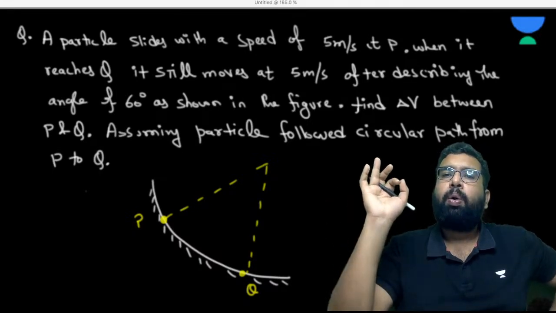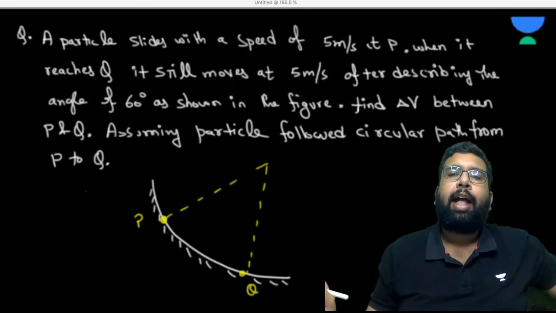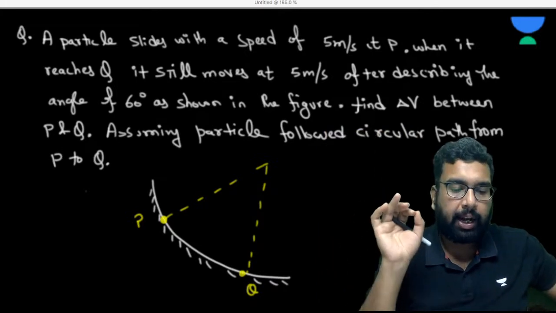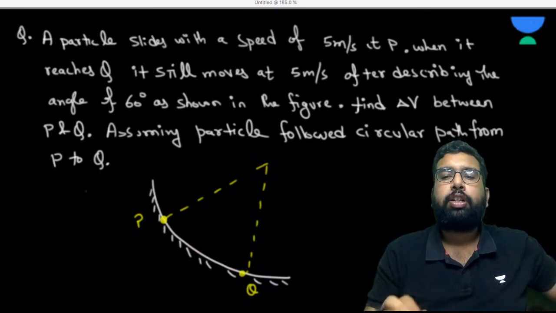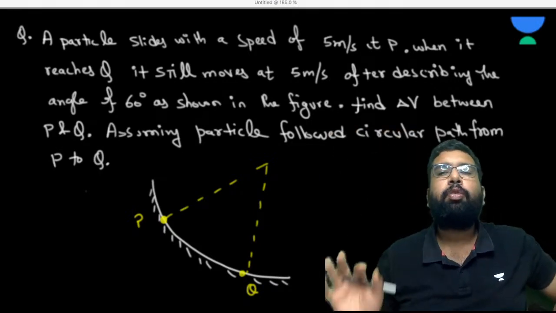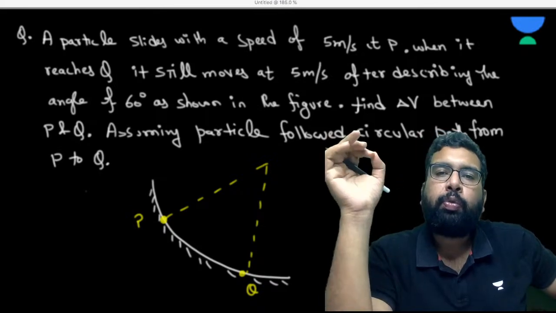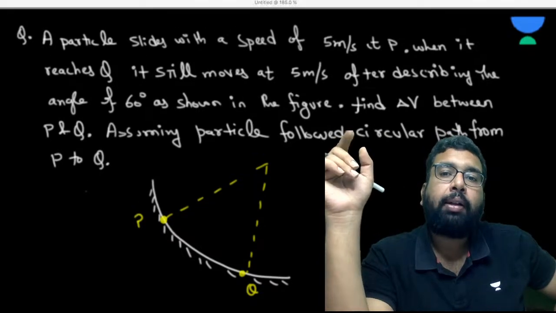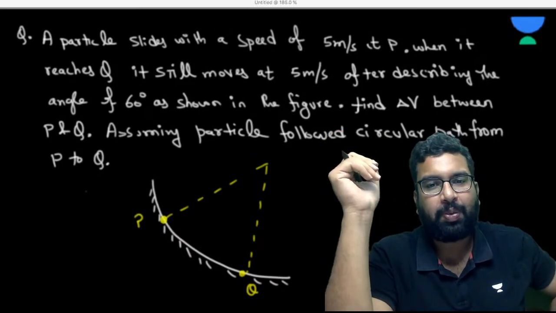If any body, any particle is following a circular path, and its speed is not changing, not velocity, its speed, that is the magnitude of the velocity is not changing altogether. At any point, if you observe, the speed remains the same. This is what we know as uniform circular motion. So a body moving in a circular path without any change of the speed is nothing but uniform circular motion.